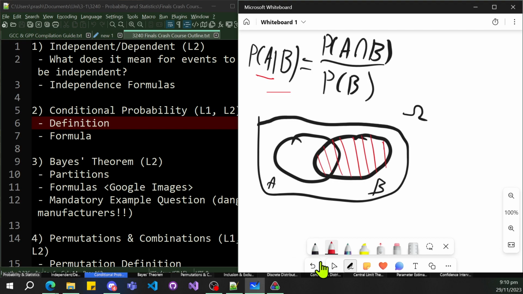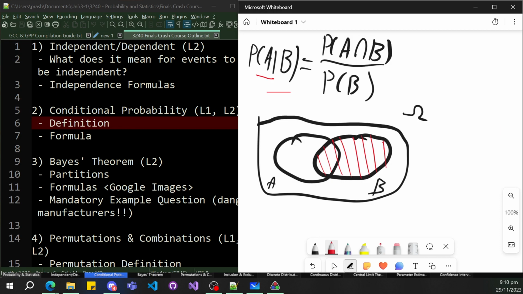That is why P of A given B is this red region over the whole probability of B. This is what that formula means. Probability of B, that is the red region. Probability of A intersect B, that's this part right here. And that is what A given B means.